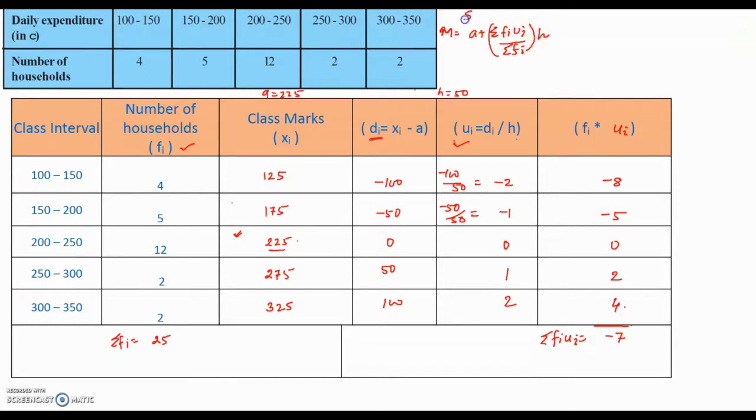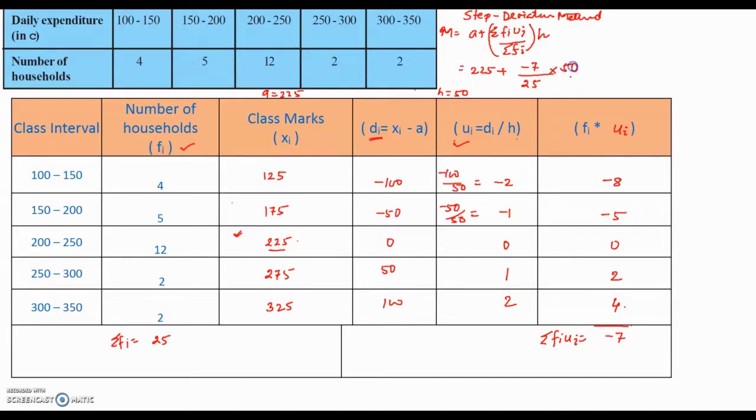Okay, this is the formula for mean using the step deviation method. Assumed mean is 225 plus sigma fi ui we calculated as minus 7 by sigma fi is 25 into h.